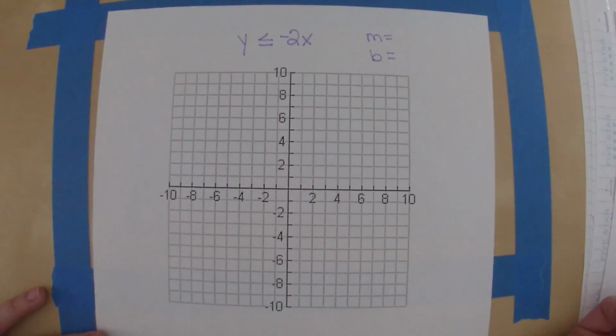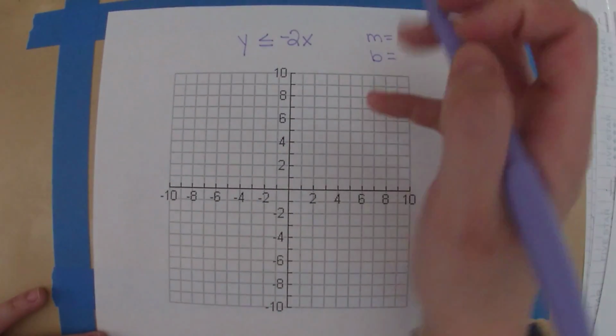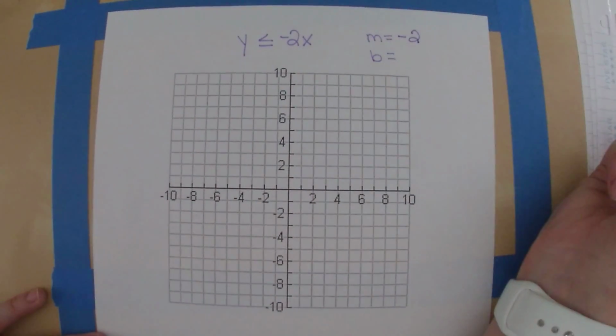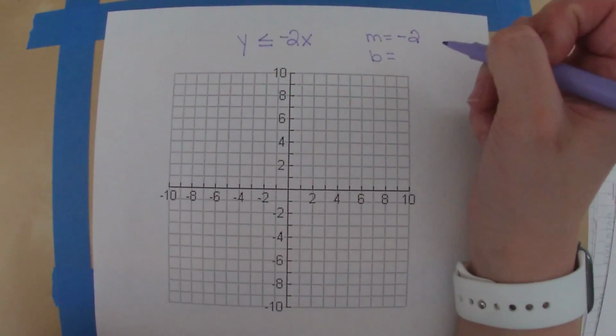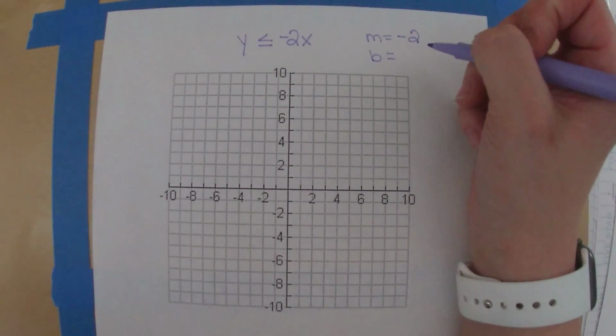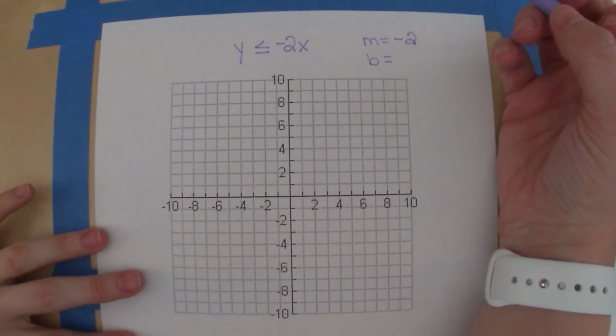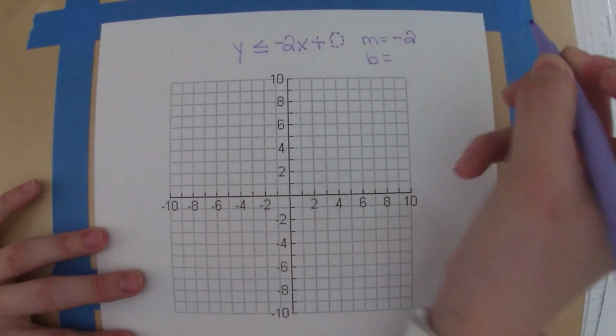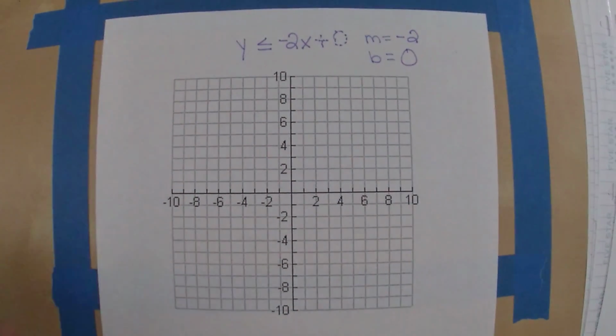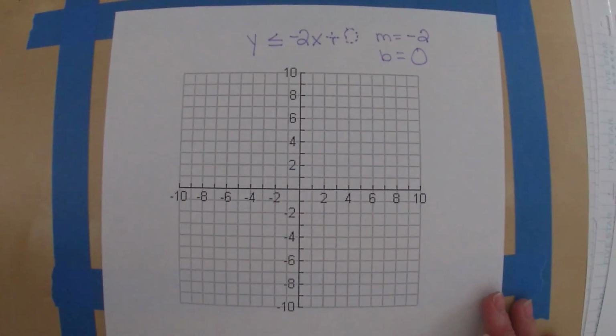Okay, where m is always our number with the x. So the negative 2 is our m. Now, by myself, right, I don't see anything being added here. There's nothing being added. So if nothing is being added, right, this is just a plus 0. So our b here is really just 0. And we've talked about that before as well.